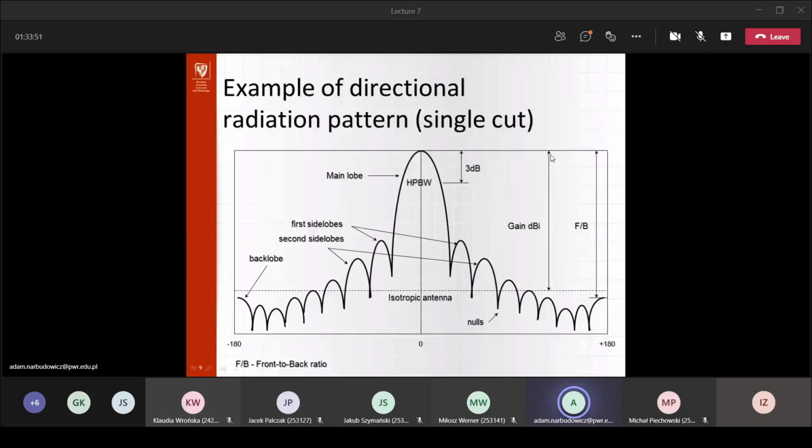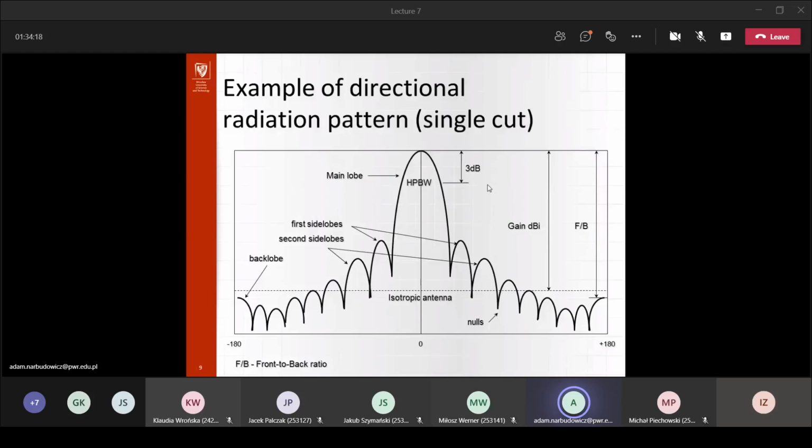The most important parameter is the gain, or actually the maximum gain, which in dBi is defined as how much better we are doing in the main direction than the isotropic antenna. We have here the main lobe, which is typically the main direction in which we want to focus the energy, the direction of our receiver or receivers.